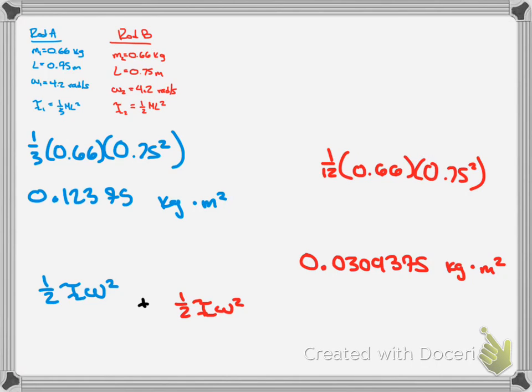You plug in this number for the I and this number for this I, and you already know that the omega is 4.2 because it told you. So you just plug in and you get that number for rod A and you get this number for rod B, and you just add them together and you get 1.36 joules. And that's it. So now that's kinetic energy. Nice.